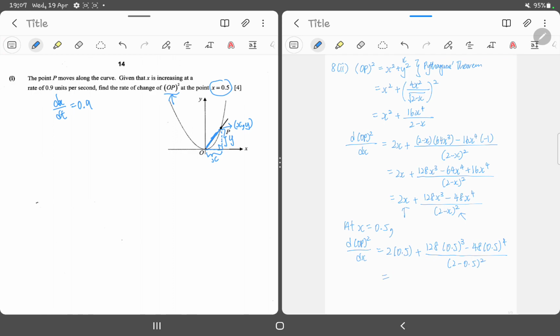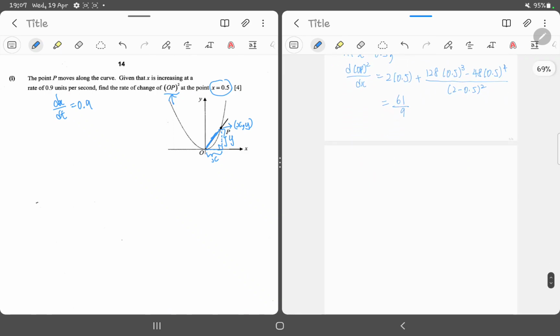So let me key this in my calculator. So we get that this is 61 over 9.